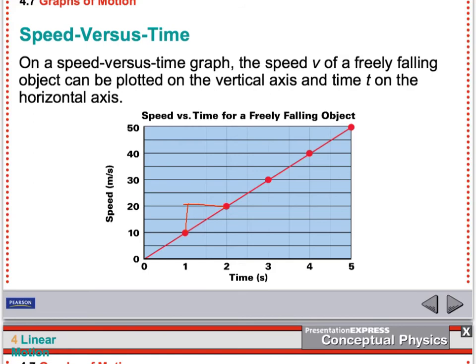And what is change in speed? I'm going to use the delta sign to denote change. Change in the velocity over a change in time equals acceleration, or more correctly, lowercase a. So what you have here is a slope that represents the acceleration.